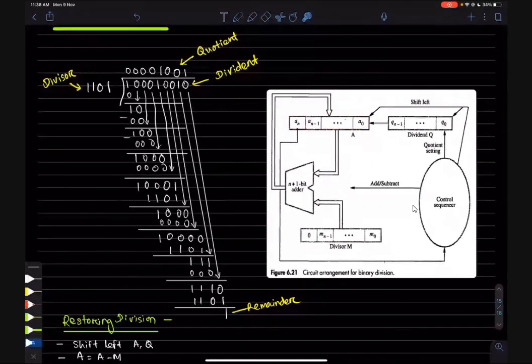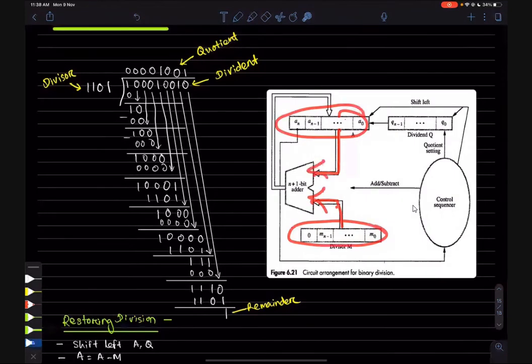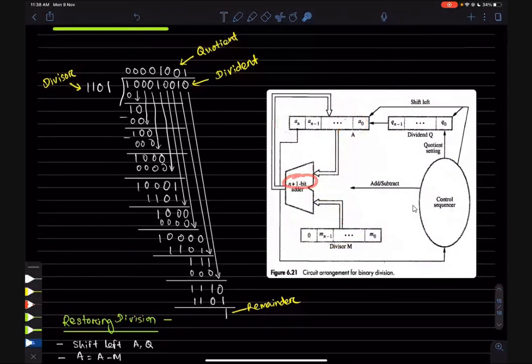This will be an n plus 1 bit adder. This is an n plus 1 bit addition circuit, because this is n plus 1, this is also n plus 1, both will be given to the adder, which is an n plus 1 bit adder circuit. Okay, the output will go and the addition result will be saved in A. Done.